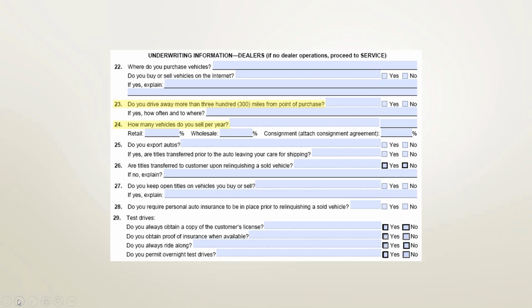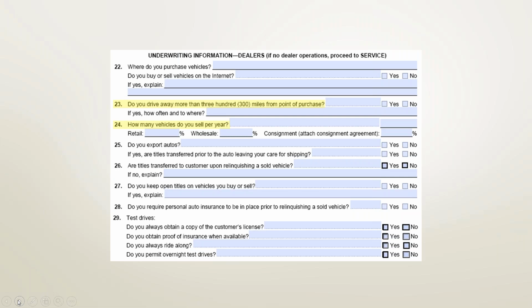So a wholesale dealer isn't someone that is selling at wholesale prices. No, a wholesale dealer is when they are selling to dealerships and not the general public. And some dealerships may do a little bit of both, but typically one of these two categories is going to be heavier than the other.